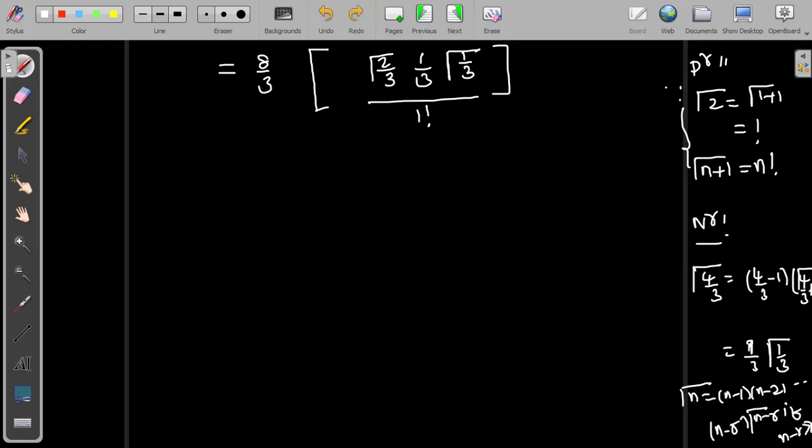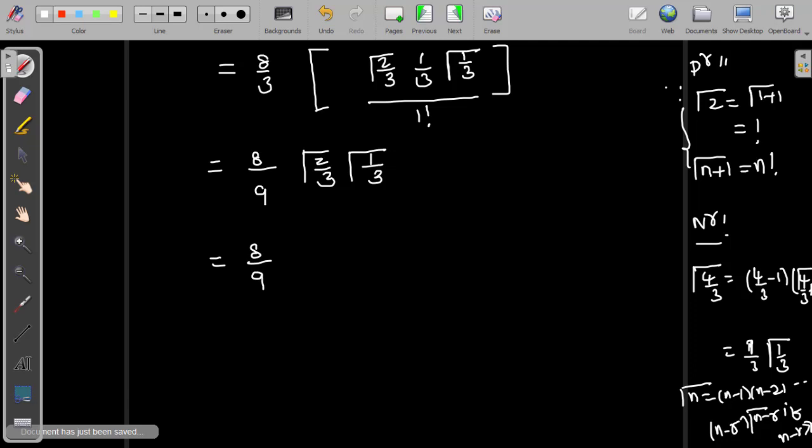Okay, fine. So the leftover part is 8 by 3 times 1 by 3, so 8 by 9 times gamma 2 by 3 times gamma of 1 by 3. The next step is rewriting this as 8 by 9 times gamma 1 by 3, which I am writing first as the first term.